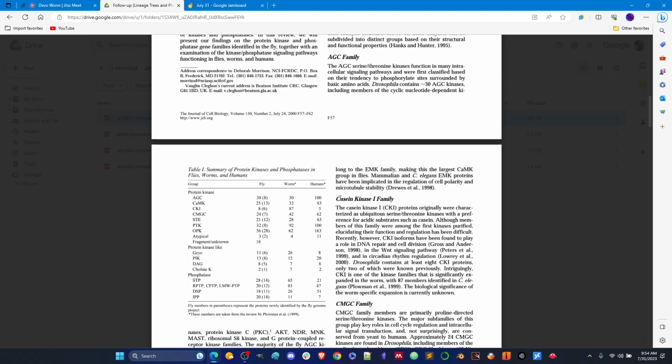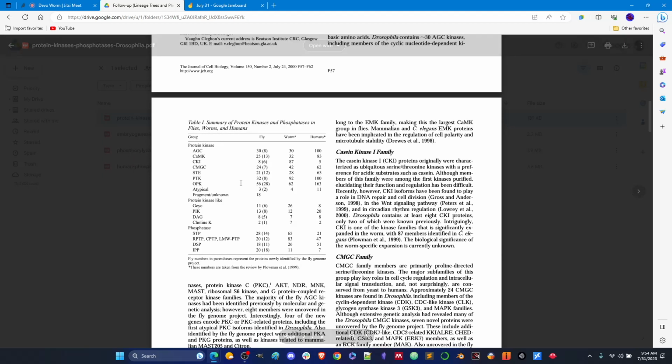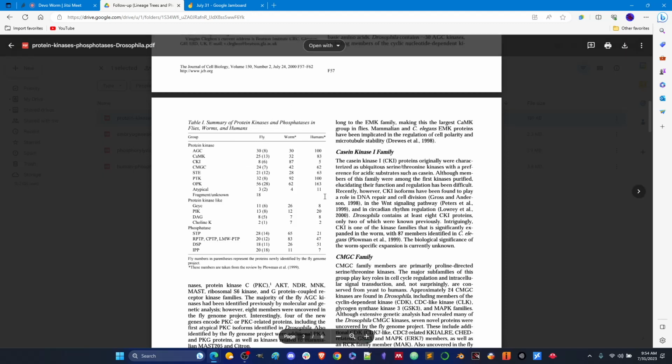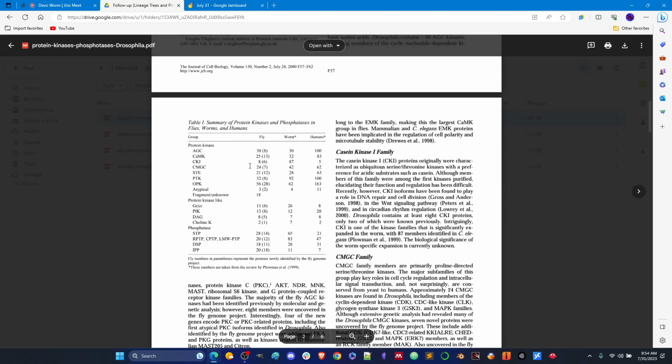So you have all these different families, and this is how they've broken it down. They've made a comparison here in Table 1 between fly, which is Drosophila, worm, which is C. elegans, and then humans, which is the mammalian comparison. You can see that for these different families, they have different numbers here. We don't know what these numbers mean.